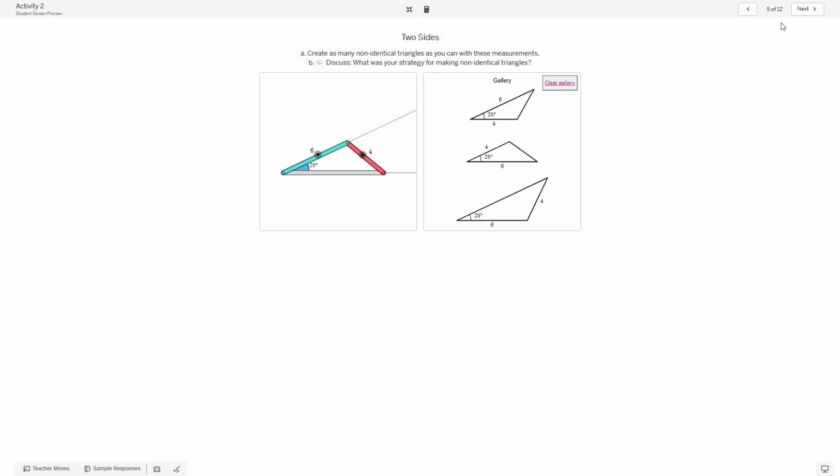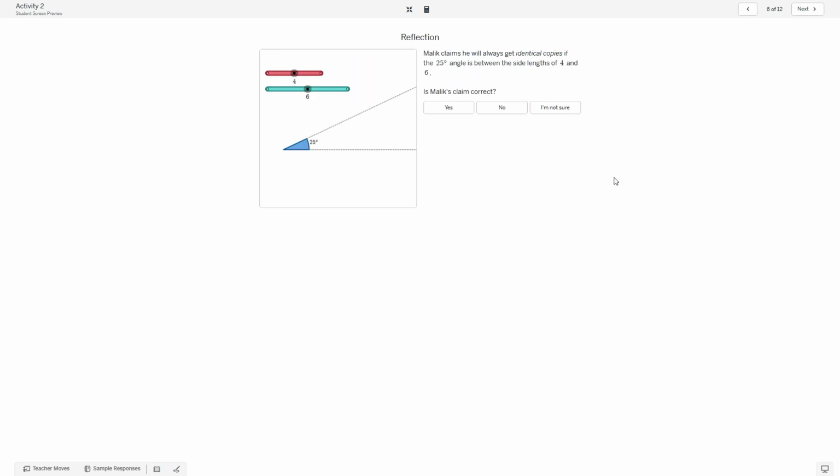And that would be a good strategy to see that this 25-degree angle, if you have the 6 and the 4 coming off of it, or the 4 and the 6 coming off of it, you're going to get the flip. But if you do the angle and then the two sides, that's going to be very different than the side angle side here. Okay, Malik claims he will always get identical copies if the 25-degree angle is in between the side lengths of 4 and 6.